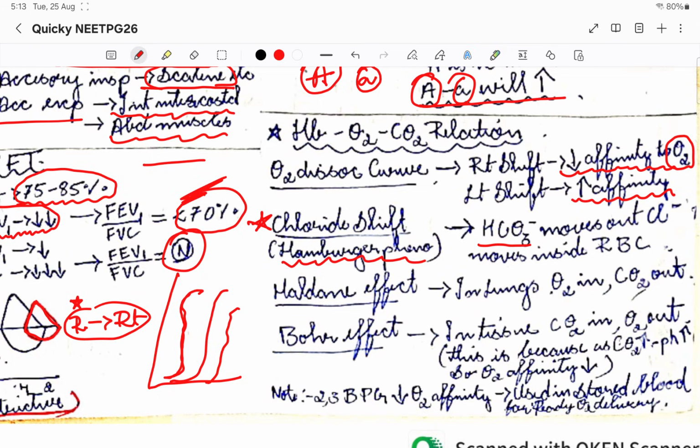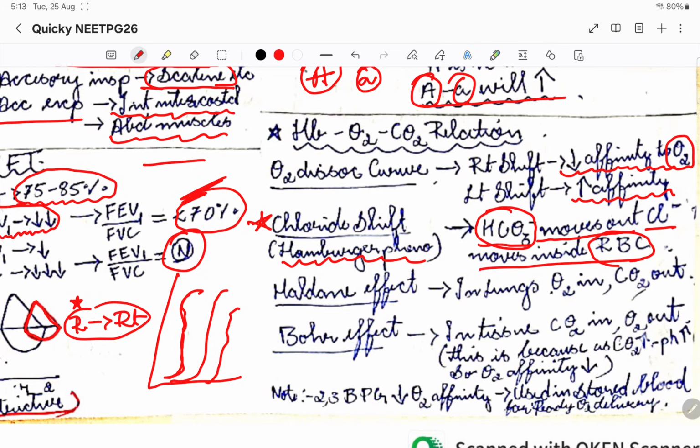So what happens is bicarbonate moves out, okay, and chloride comes in. So to replace the negative charge from the bicarbonate, there is a chloride shift happening inside the RBC, to remove the bicarbonate. Okay, so this chloride shift is known as Hamburger's phenomenon.